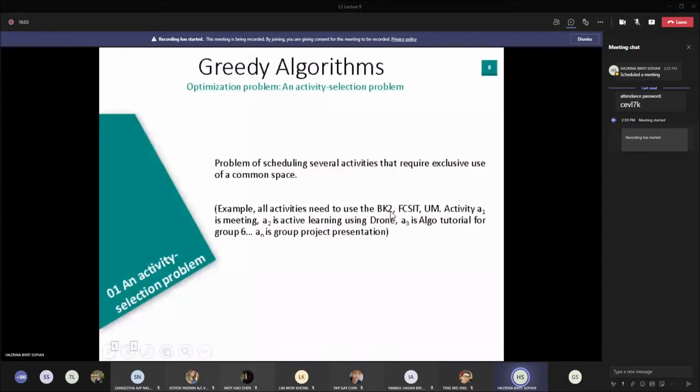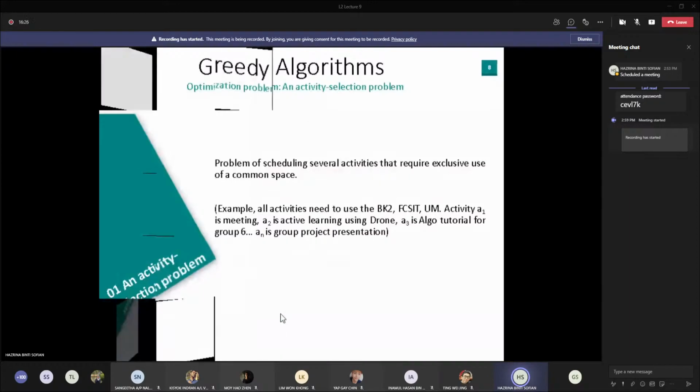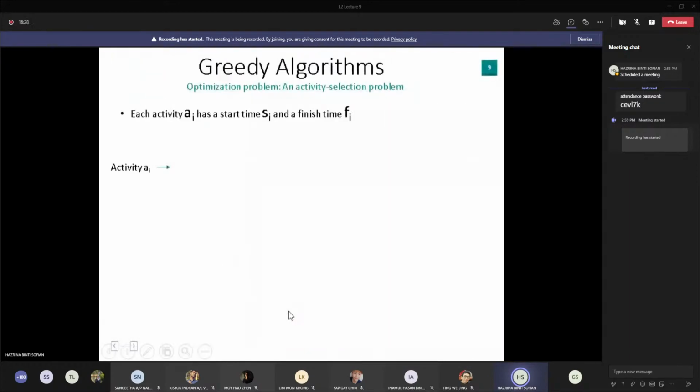So we can use a greedy algorithm to identify the maximum number of activities that can use the BK2 in a day. We want to find the maximum number of activities.